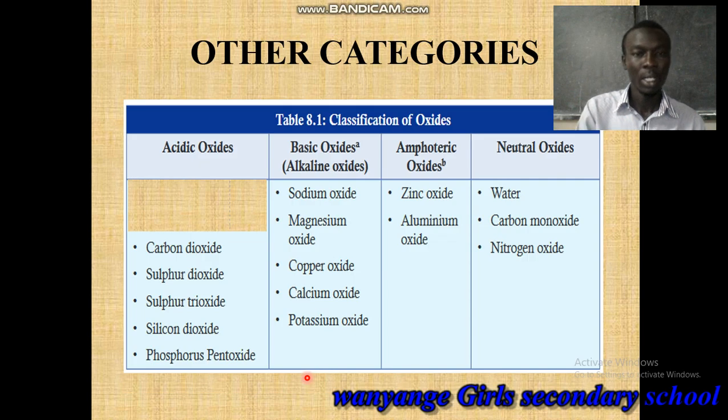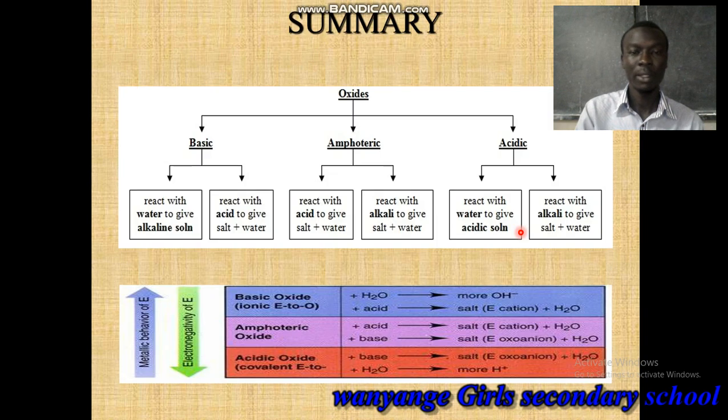Good. Now, this is just a summary of the examples. You can look through this list. You realize that these are all non-metal oxides, and these are metal oxides. These are also metal oxides, but they are amphoteric, meaning that they are both acidic and basic. Then these are neutral oxides. Then we have a summary here of the properties.